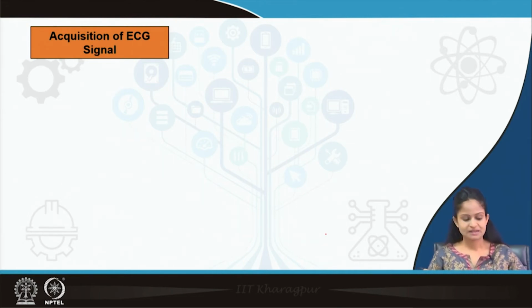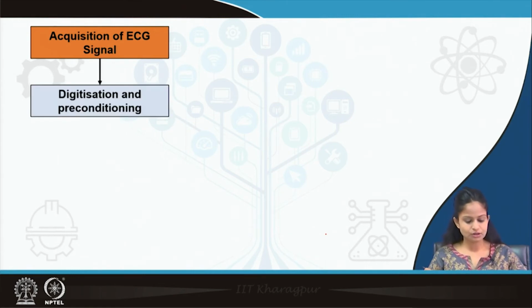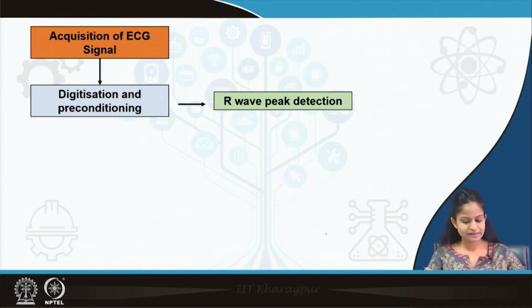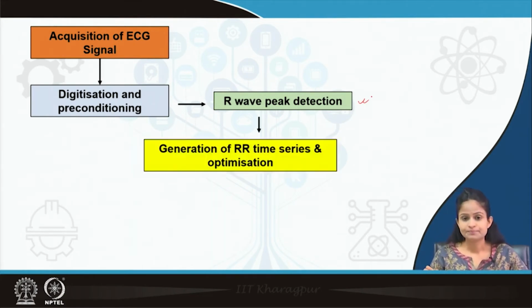Then digitization is done or preconditioning of this ECG signal is done. After this preconditioning, we could do the R wave peak detection, that means RR intervals we will get. We will generate the RR time series and optimizations.